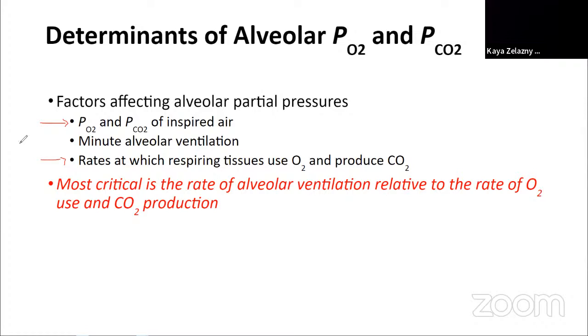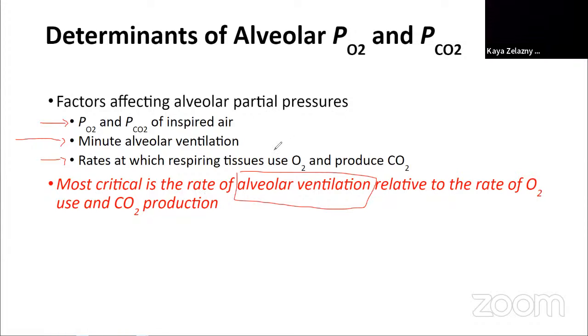The most critical thing, and the thing we pay most attention to, is the minute alveolar ventilation, right? When we're thinking about alveolar ventilation, we're thinking about how much fresh air is getting to those alveoli. That has to do with the respiration rate, which was part of our calculation.